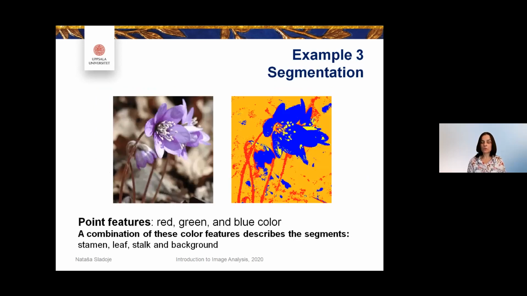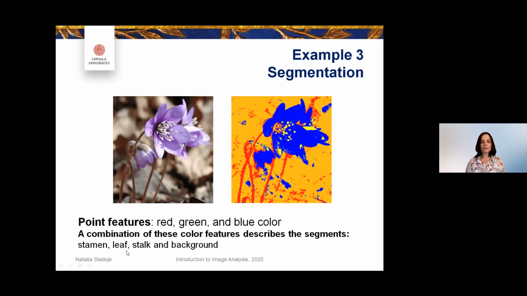Further, we can consider a task of segmentation. Here we want to do color-based segmentation, and we want to do it pixel-wise. So if each pixel is described by the amount of red, green, and blue color in its color content, that particular feature or combination of 3 features can be then used to segment this image, to actually perform, let's say, classification into different groups, which are then present as the main segments in this particular image.